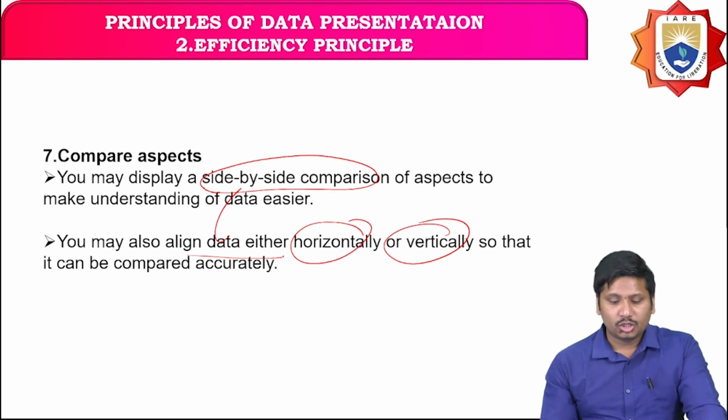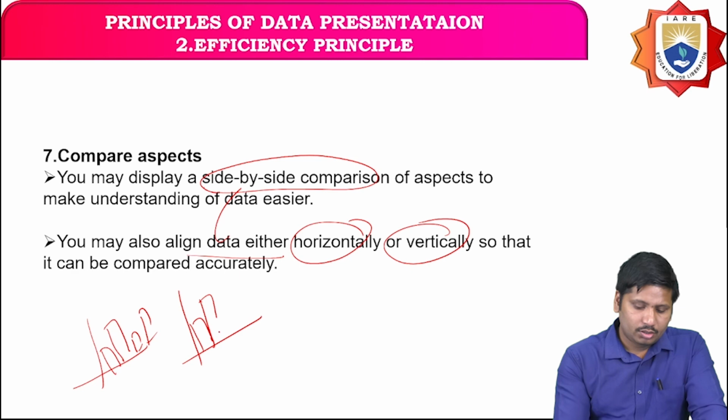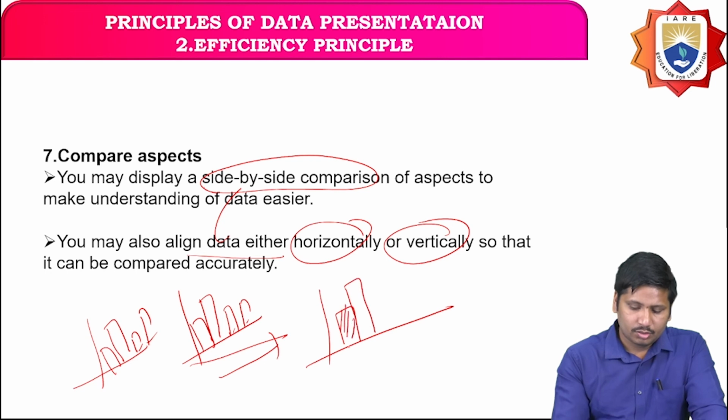So the comparison I just mentioned: instead of drawing two diagrams, the simple bar should be represented in a single diagram as a multiple bar, which makes the comparison very clear.